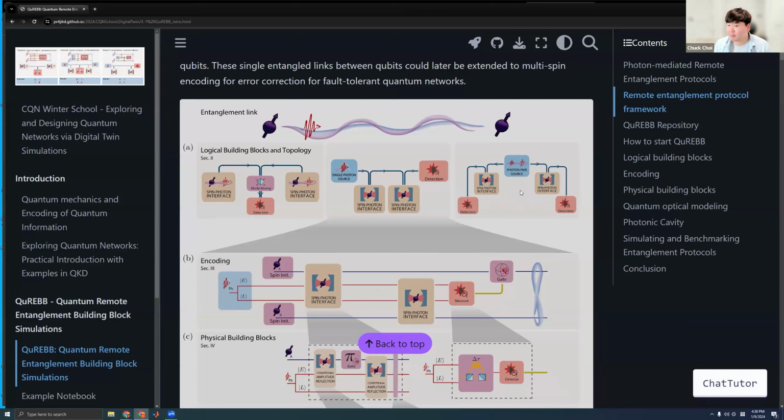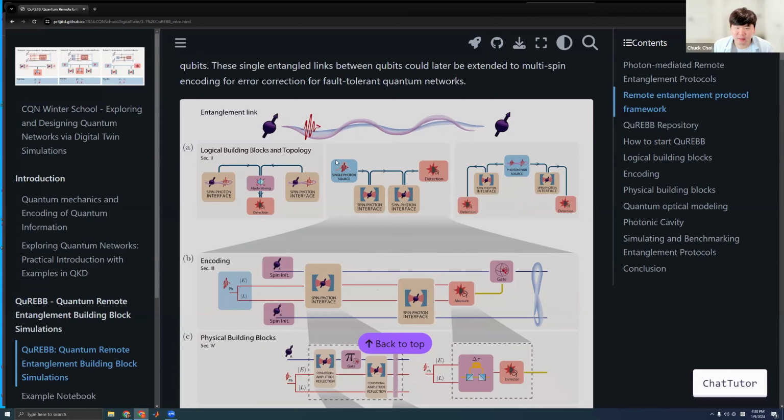And there can be even more geometries, but these three cover most of the entanglement protocols that are out there. So we showed only three, but you can probably come up with a new protocol with our method.